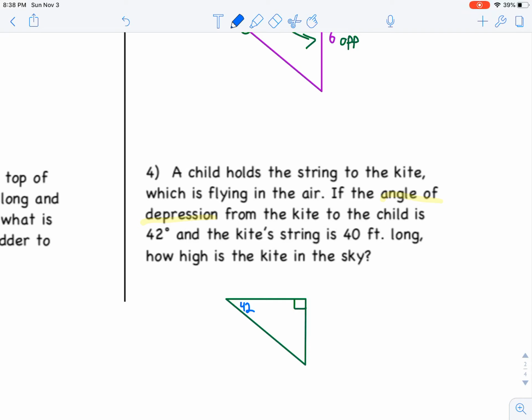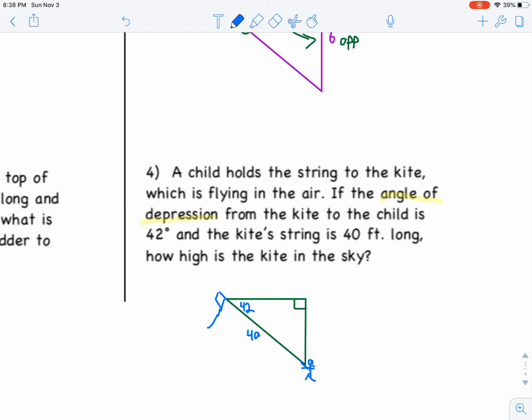And the string is 40 feet long. Okay, so if we have our little person down here holding the string to the kite. All right, so that string is 40 feet long. They want to know how high the kite is in the sky.